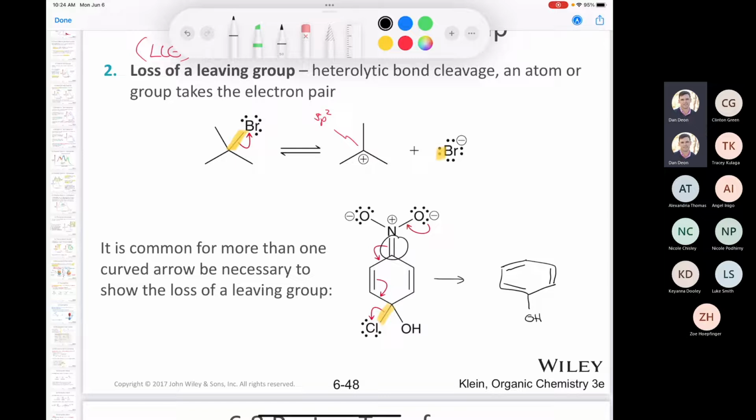Now you've only got one bond between the aromatic ring and the nitrogen. You didn't touch any of this, so you still have this bond over here. This oxygen is negatively charged, and now you've made a new bond here. So now you've got 2 bonds over here, like this, and your nitrogen has a positive charge. And what happened? You lost the chloride ion, loss of leaving group.